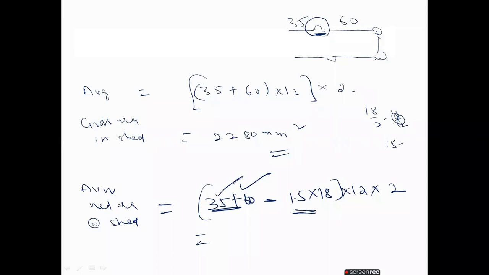Then the second portion we will take 18 by 2. So like this, what happens? We will get 1.5 times the 18. So here we are removing this hole. Multiply with the thickness. We will get the two portions, so simply we are multiplying with 2.